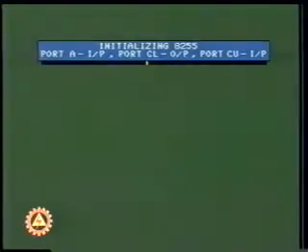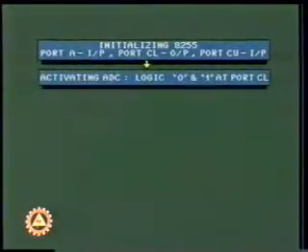The analog to digital conversion process is activated by sending initially a logic 0 and then a logic 1 at port C lower. The processor checks for the end of the analog to digital conversion through port C upper.